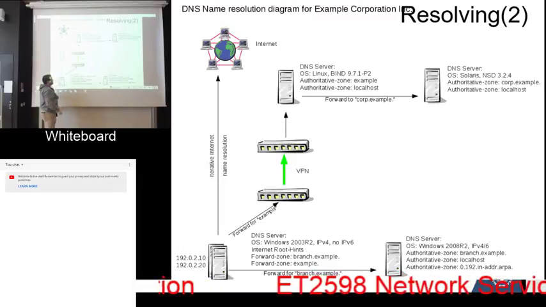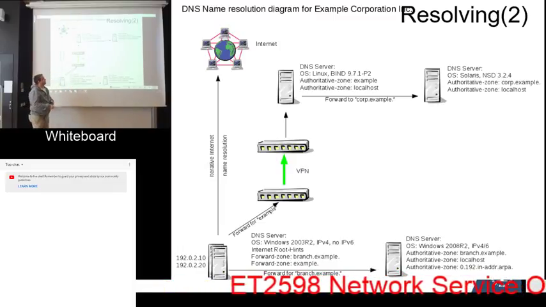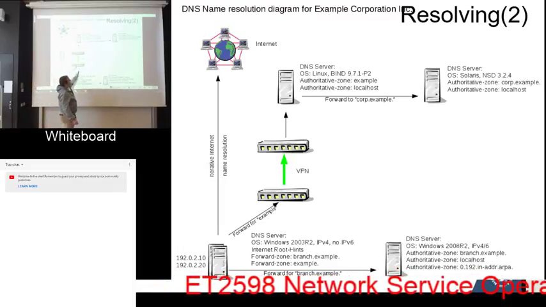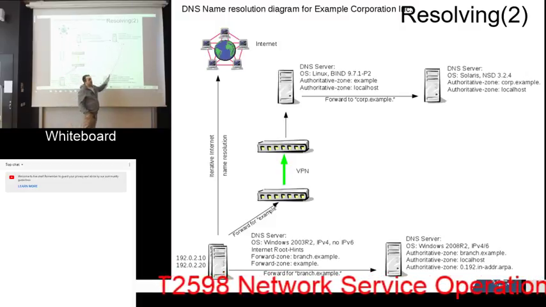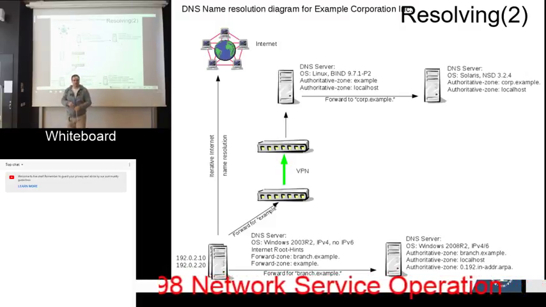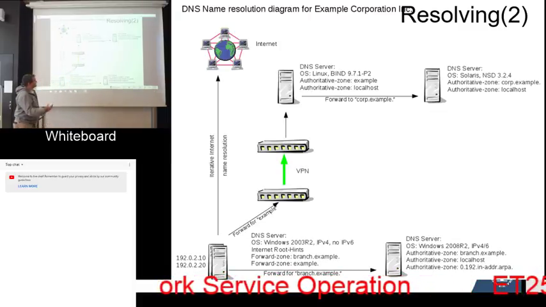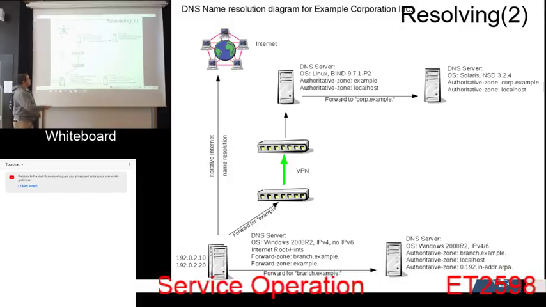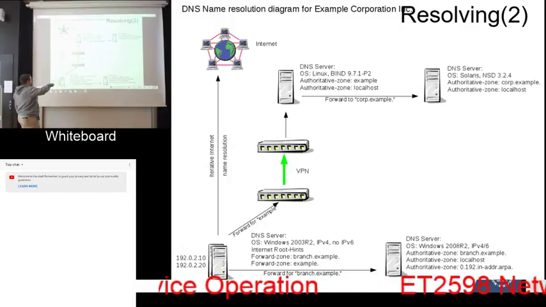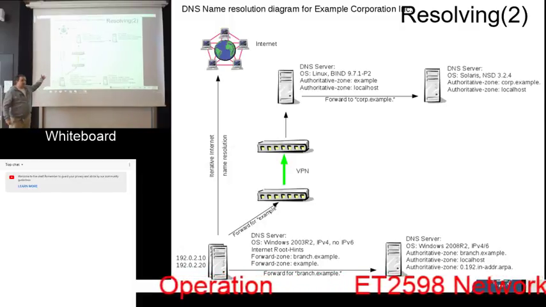Okay, the request is for corp example, pushed over to this entity, which is now capable of replying, because it's authoritative for corp.example, which pushes it back all the way down to this guy, and then down to the client.